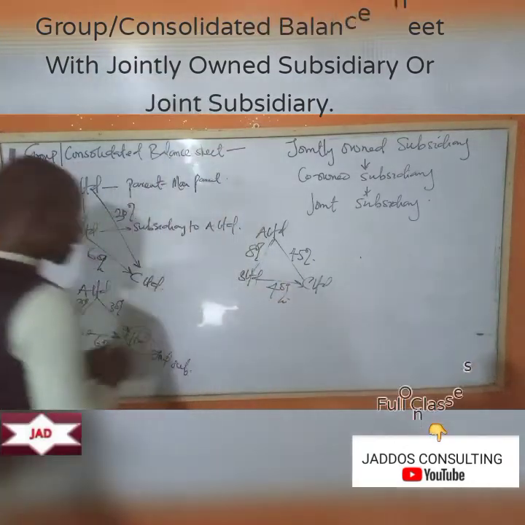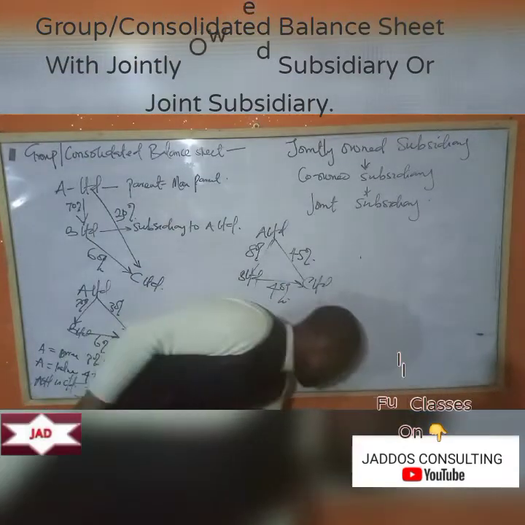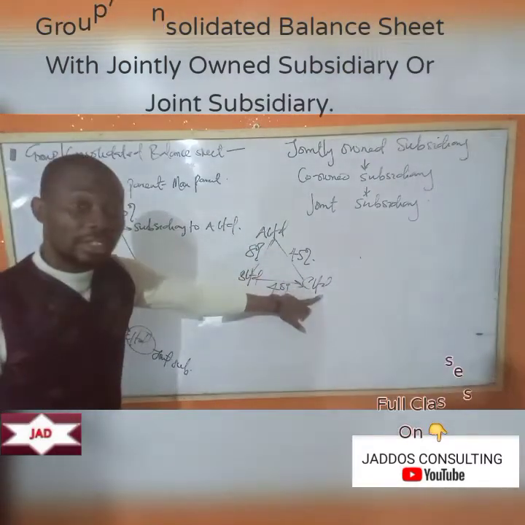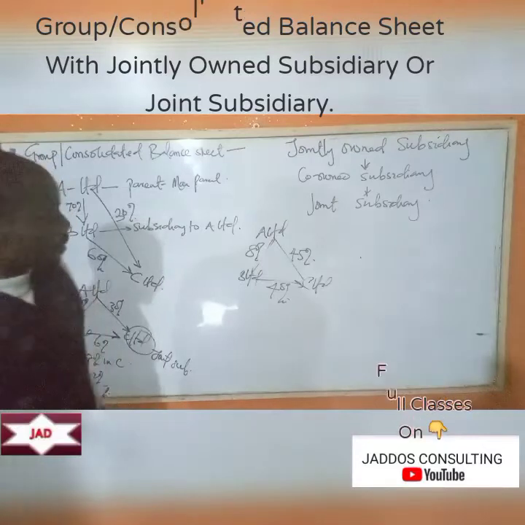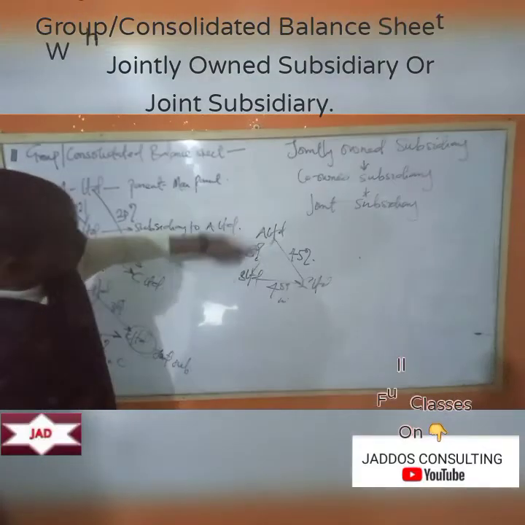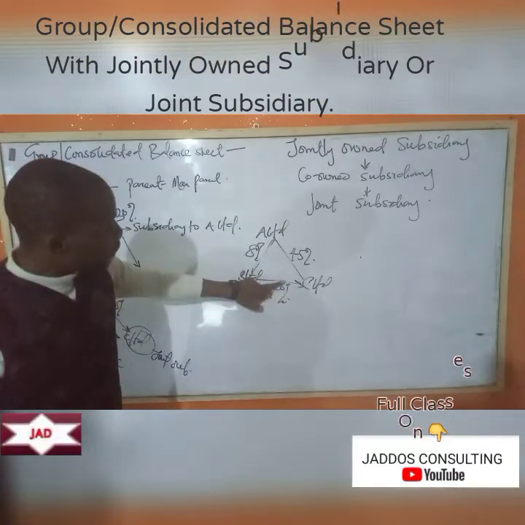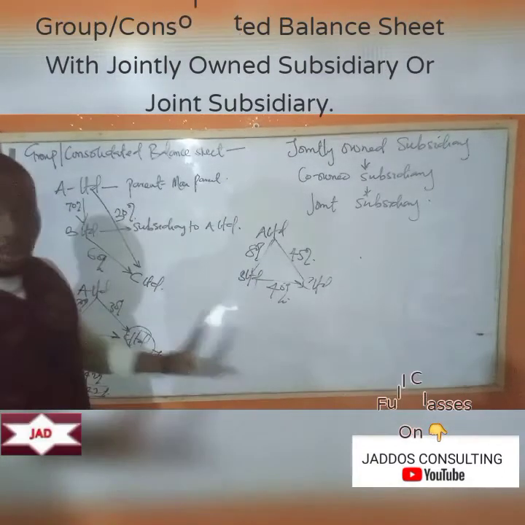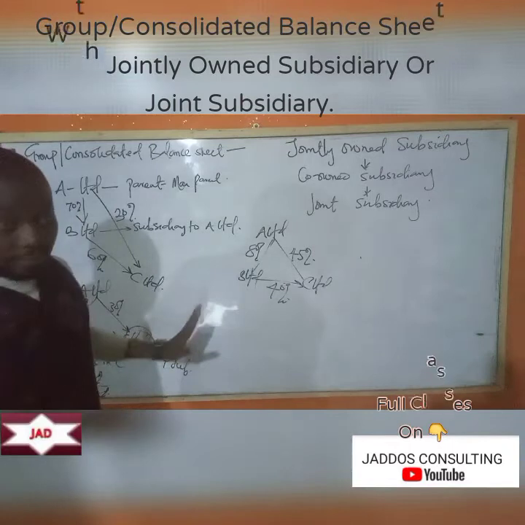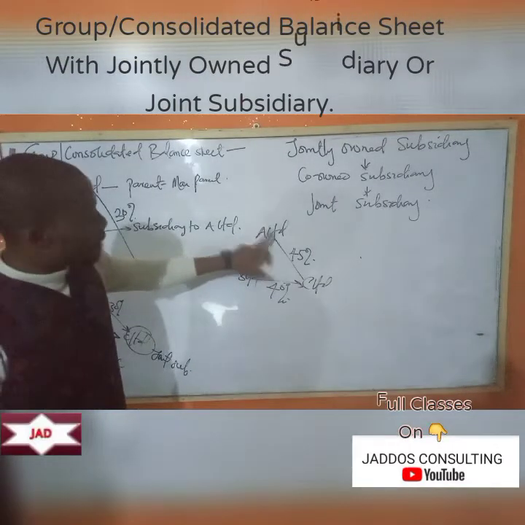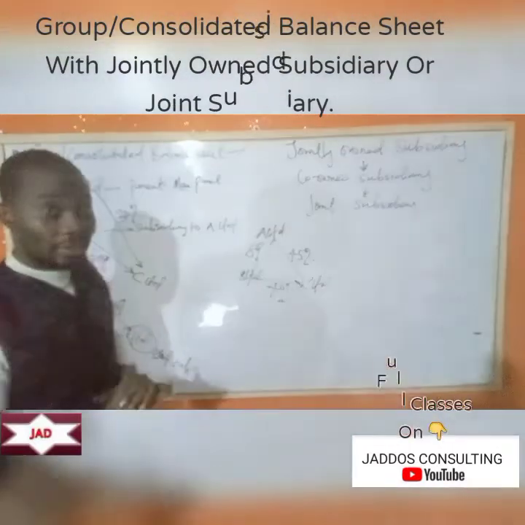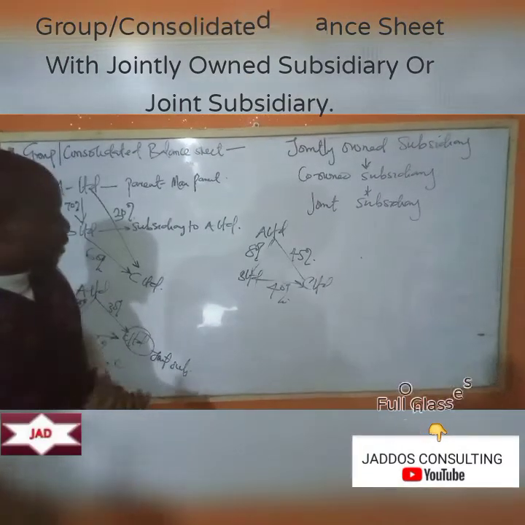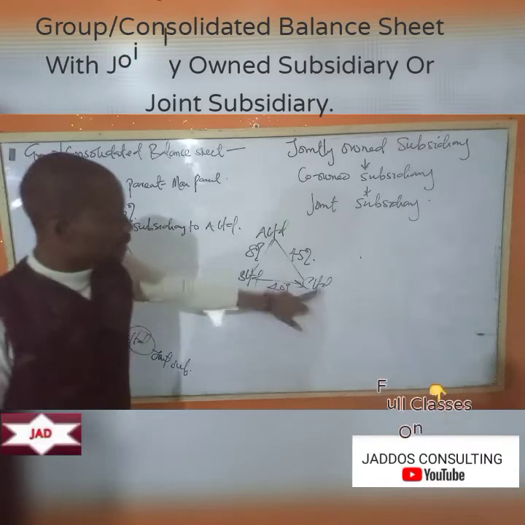Of course, you can see that individually, A Limited does not have a controlling interest in C Limited. B Limited, this is 40%, does not have a controlling interest in C Limited, individually or directly. A Limited's direct investment is 45, which is less than the controlling percentage. B Limited has 40% in C, also less.